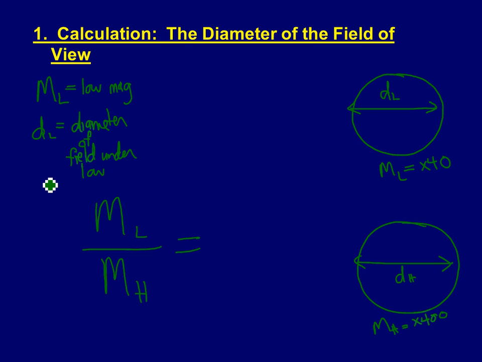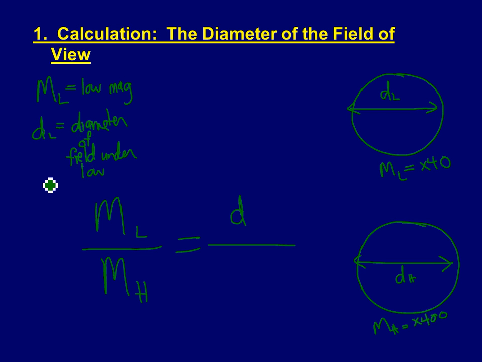My other side of the equation has the diameters in a ratio, but it does the opposite. So what do you think I'm going to put at the top in terms of diameter? Look at the way I've got the letters oriented: magnification low over magnification high, the diameters do the opposite because they are related in an opposite fashion.